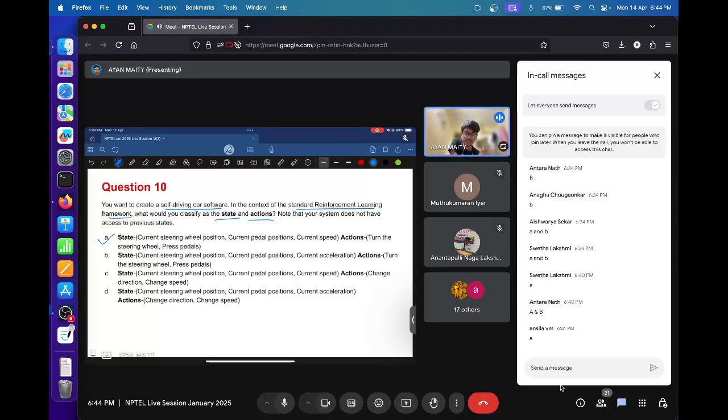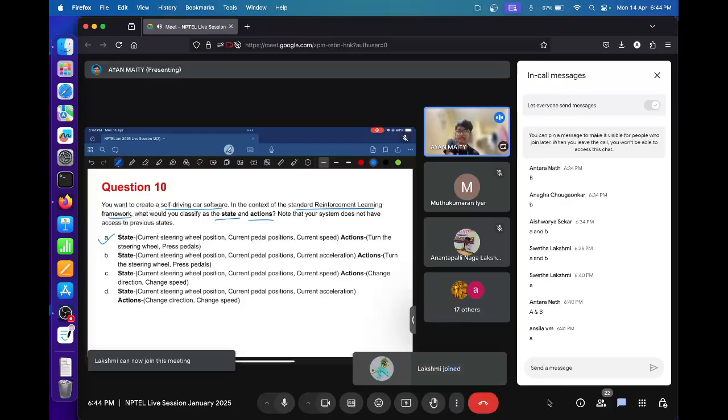Option B says that it should contain current acceleration, but current acceleration is not really required as information in state space, because we just need to know the speed of the vehicle, and based on that we can control the speed using the pedals.